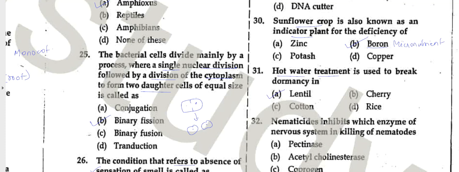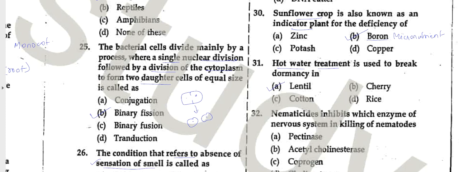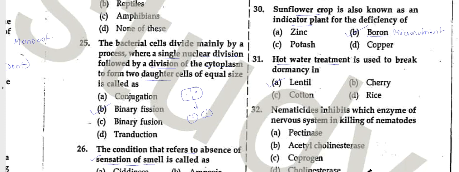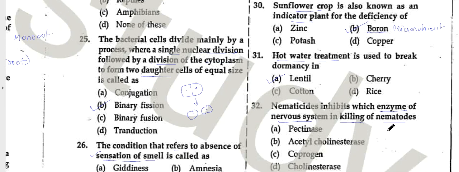Next is nematicides. Nematicides are the ones which can kill nematodes. They inhibit an enzyme of the nervous system in killing nematodes. Which enzyme is involved in the nervous system and inhibited by nematicides? Nematicides are a kind of pesticide which inhibit an enzyme involved in the nervous system of the nematode.